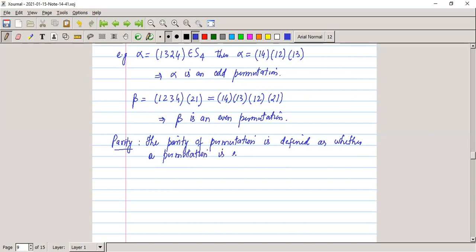So whether a permutation is even or odd, we call that evenness or oddness of a permutation its parity.